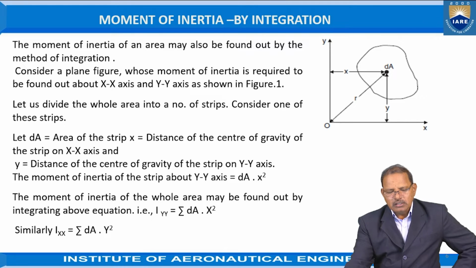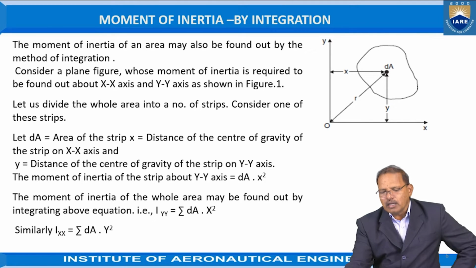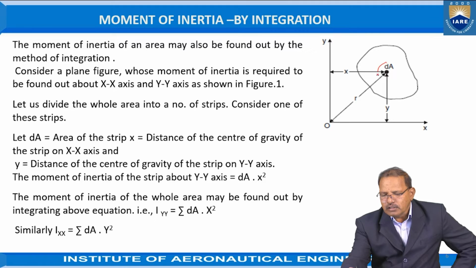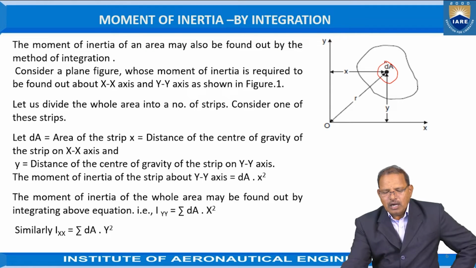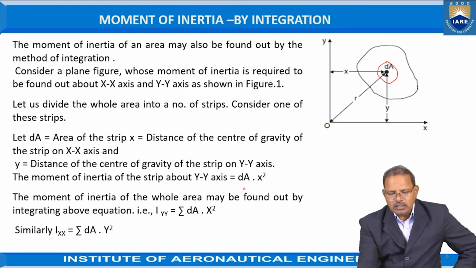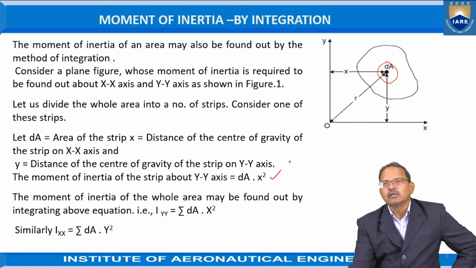Now, according to the principle of moment of inertia, the moment of inertia of that small area dA, as represented here, about the y-axis is given by dA into x square.